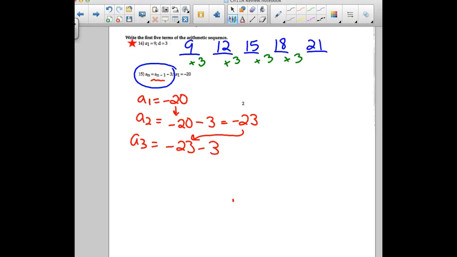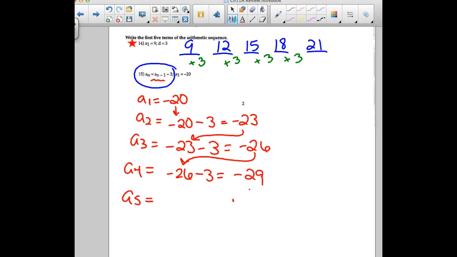We're going to subtract 3. We get negative 26. Our fourth term, we're going to take the previous number, subtract 3, which gives us negative 29. And our fifth number, we're going to take the previous answer, previous term, subtract 3, which gives us negative 32. All right.